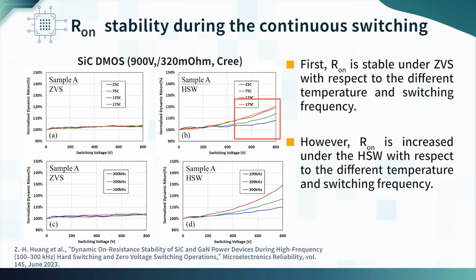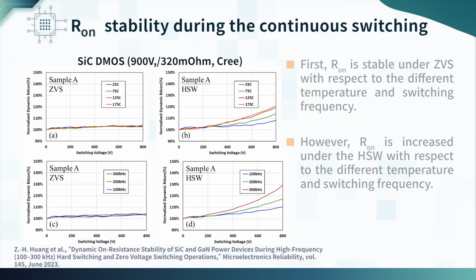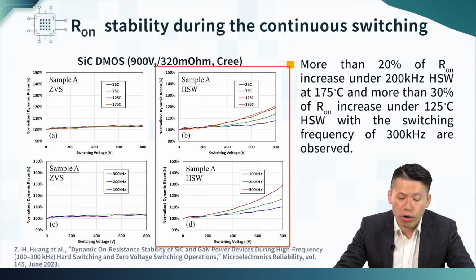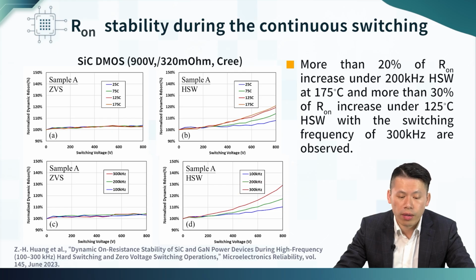You can see here with high temperature and high frequency under hot switching, Ion is increased: more than 20% Ion increase under 200 kHz hot switching at 175 degrees Celsius, and more than 30% Ion increase at 125 degrees Celsius in the case of 300 kHz. So this work also shows that in real application under hot switching, the silicon carbide MOSFET can have severe Ion degradation.